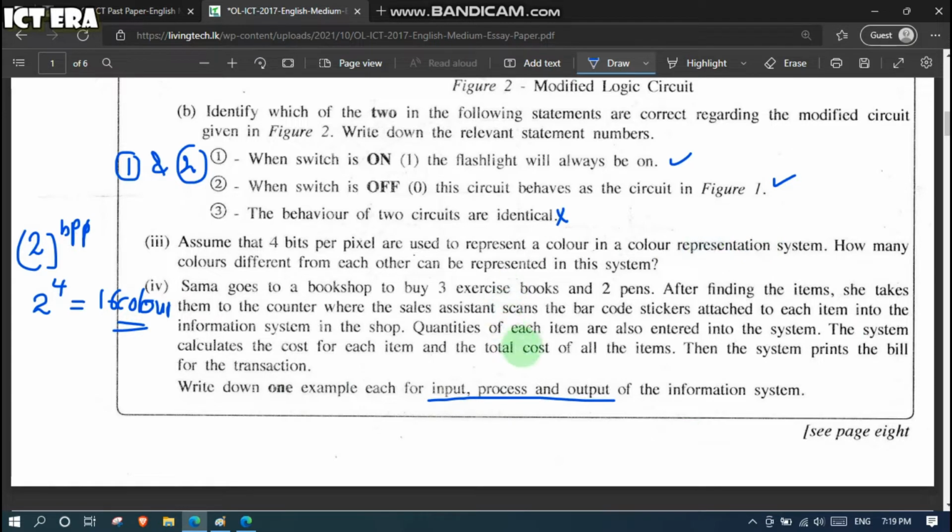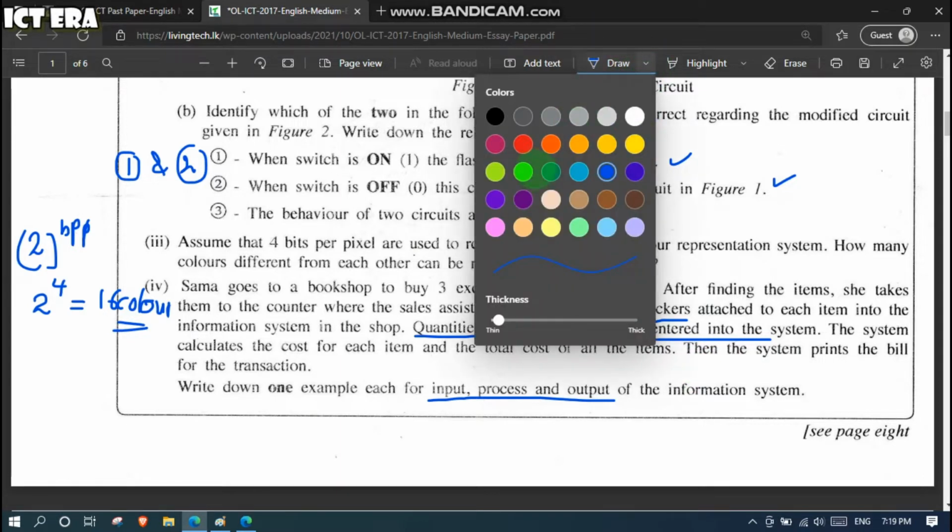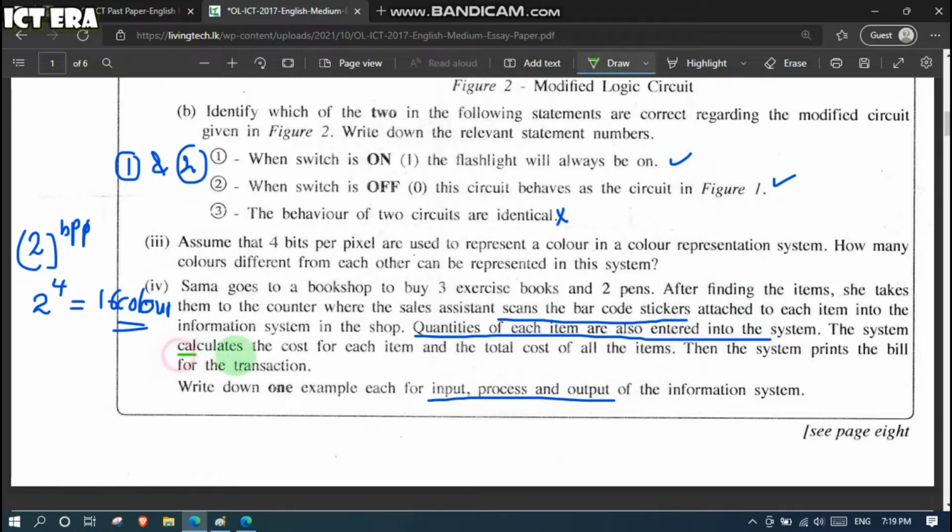So in here we can write as inputs, scanning the barcode stickers. Then quantities of each item are entered to the system. So these are the inputs, and if I underline the processes, the system calculates the cost for each item and then the total cost of all items.